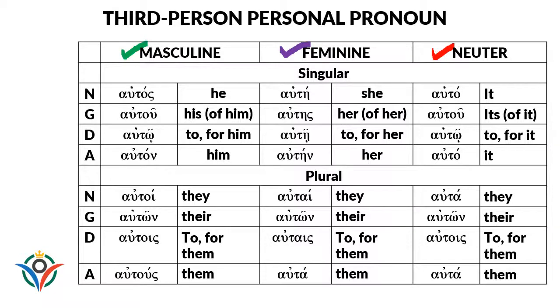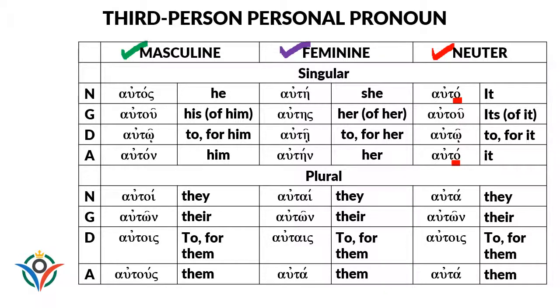The only exception is when it comes to the neuter gender, specifically the nominative and accusative singulars that do not have the nu. All right, so you can see that they both end in omicrons, whereas the second declension neuter finished with a nu.